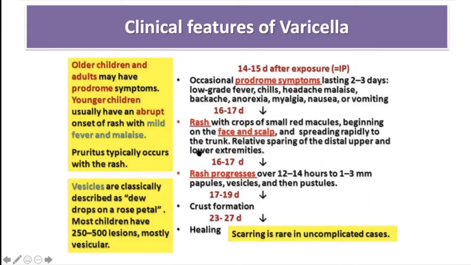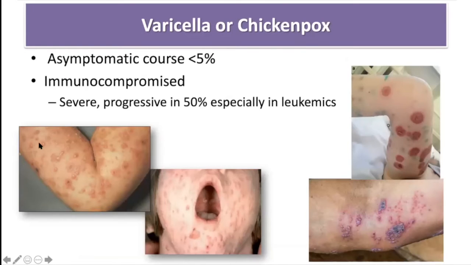Here are the clinical features of varicella. For immunocompromised patients, this varicella or chickenpox can be severe. If you look at this example, the rashes look different. It looks more toxic looking in patients with leukemia, and this can happen in 50% of leukemic patients.